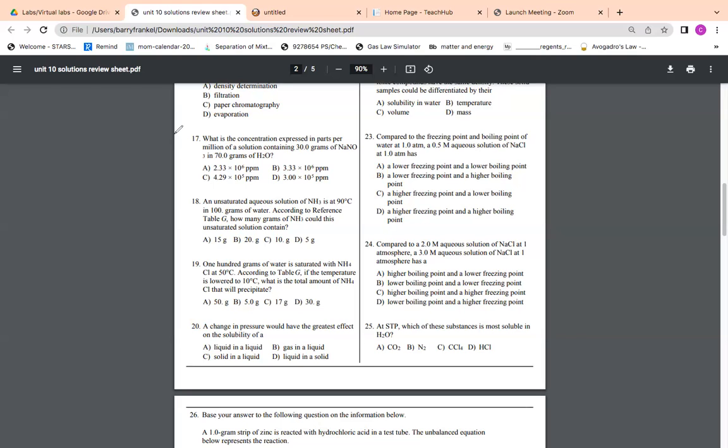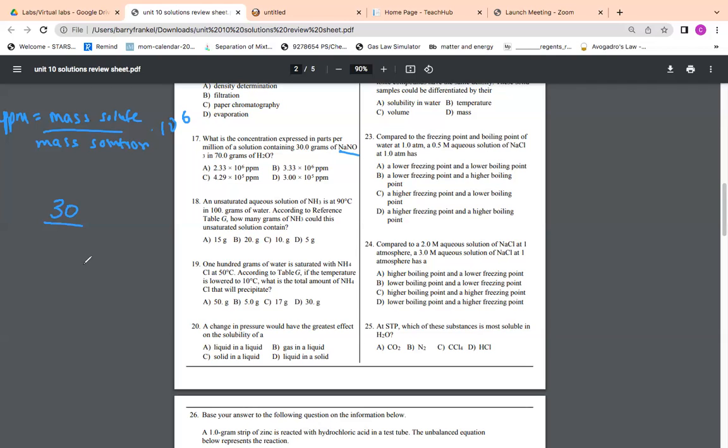So we need to calculate ppm. So here is our formula: mass of solute over mass of solution, and then everything times a million. Okay, so for this one, our solute is NaNO3. That's the thing that's being dissolved, and there's 30 grams of it, so that goes on top.